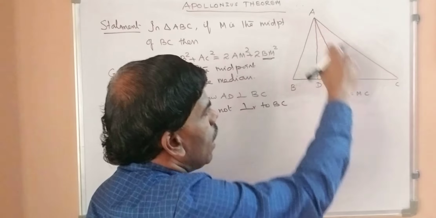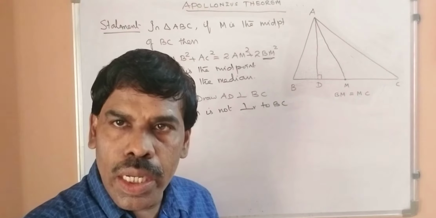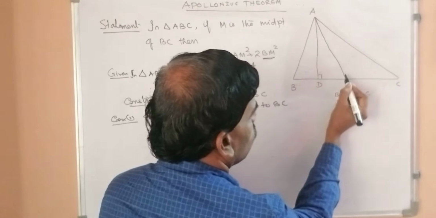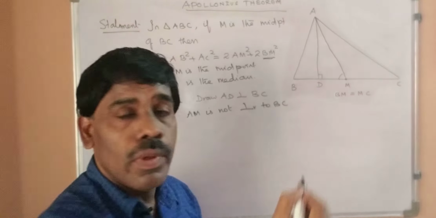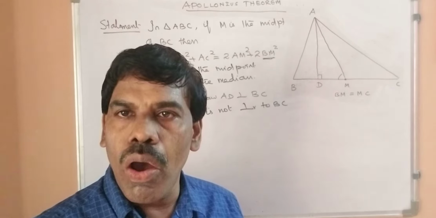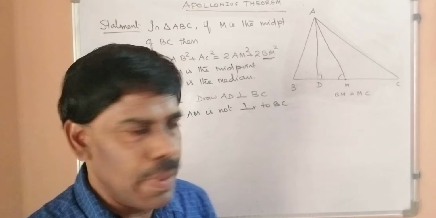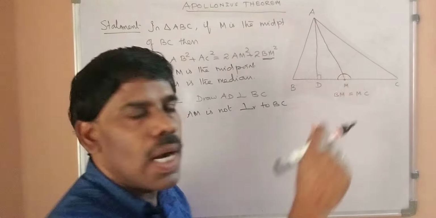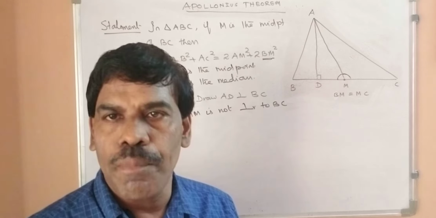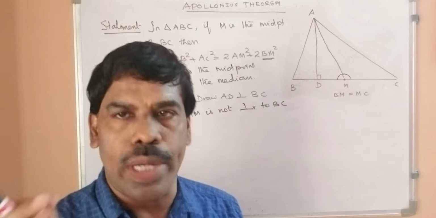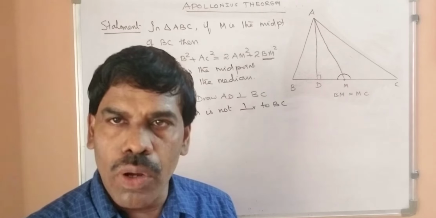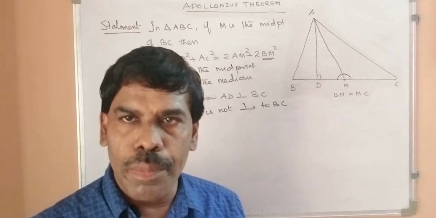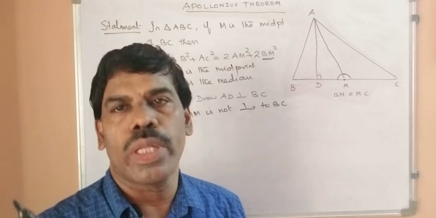So, the median AM is not perpendicular, that means it is not 90 degree. That means it will be either less than 90 degree or greater than 90 degree. In these two angles, one angle will be obtuse and another will be acute. Acute angle means whose measure is less than 90 degree. Obtuse angle means whose measure is more than 90 degree.